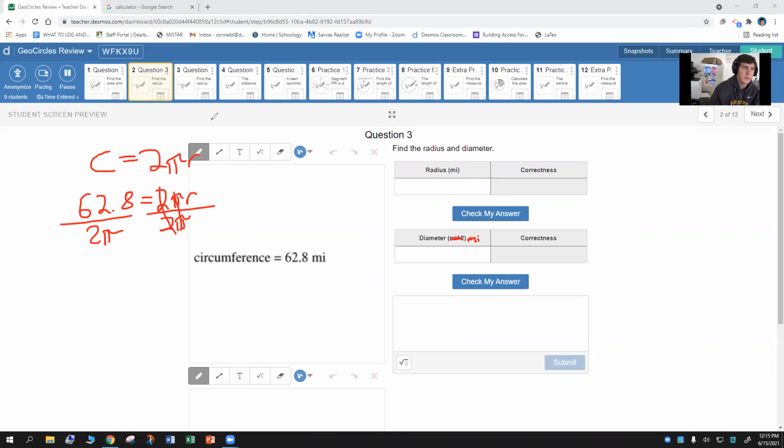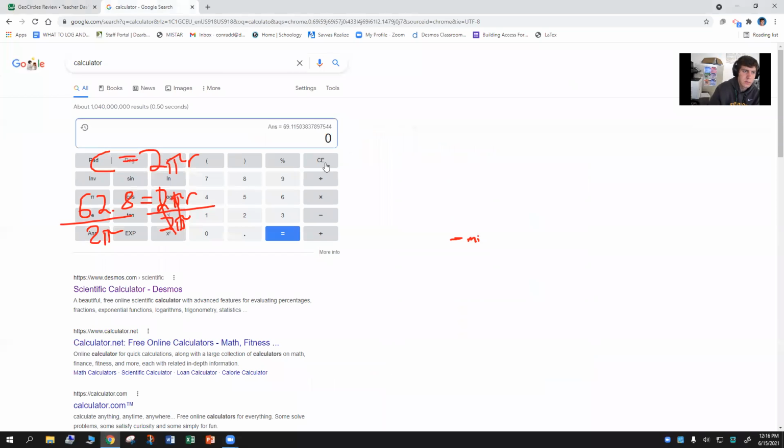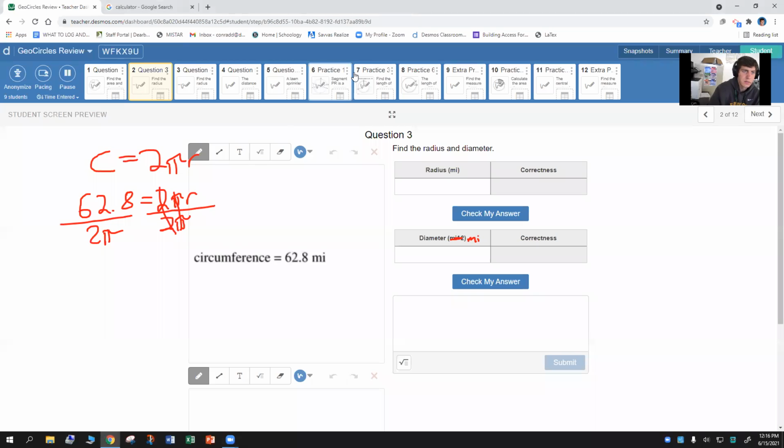So 62.8 divided by 2 pi. Put 2 pi in parentheses because we don't want to multiply by pi. That's going to be 9.99.